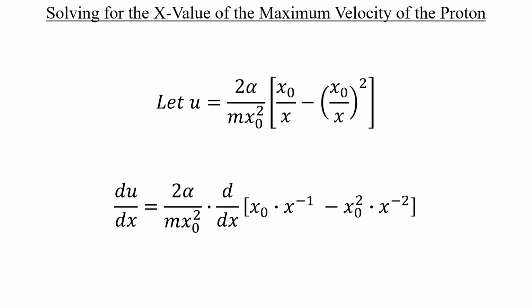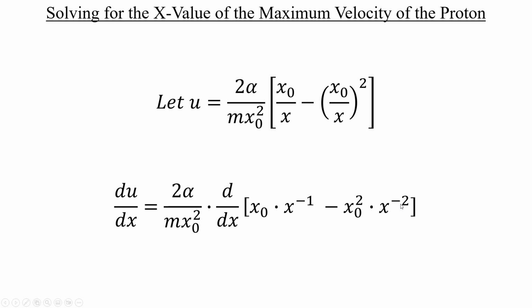When we apply that derivative, in the first term, the negative 1 will drop down to become the new coefficient, and we subtract 1 from negative 1 to get a new exponent of negative 2. It's the same idea with this second term.